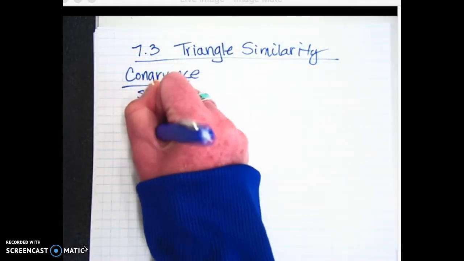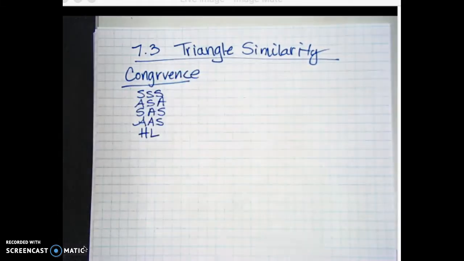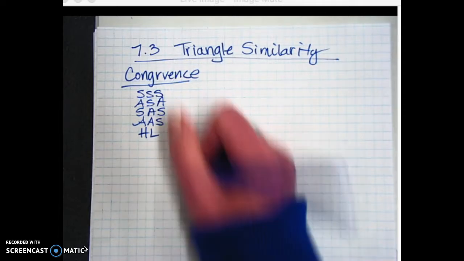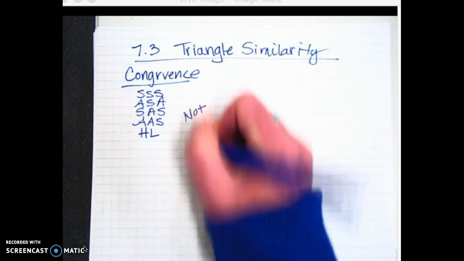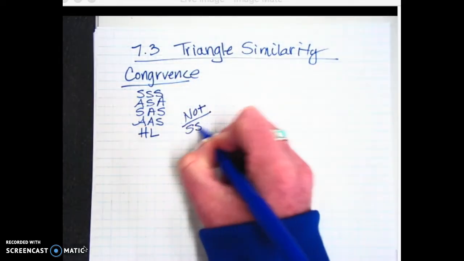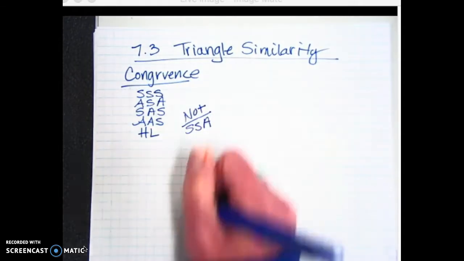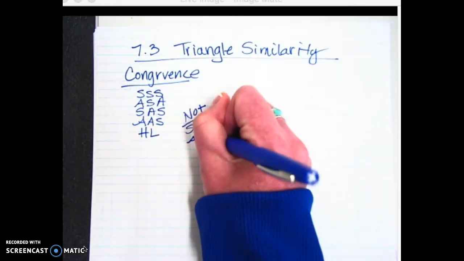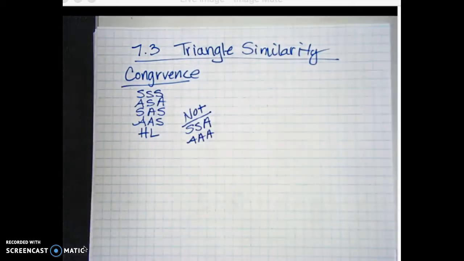Hypotenuse leg. So there were 2 that did not work, the one that spelled a bad word, right? And angle, angle, angle does not work unless it's a hypotenuse leg, which means it has to very specifically be a right triangle. Okay?